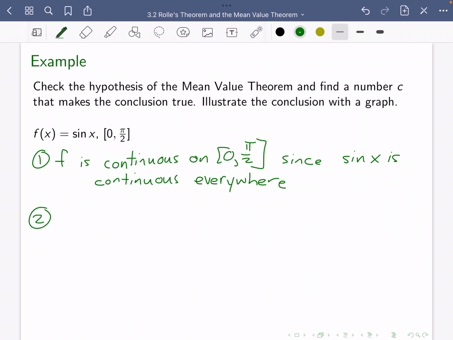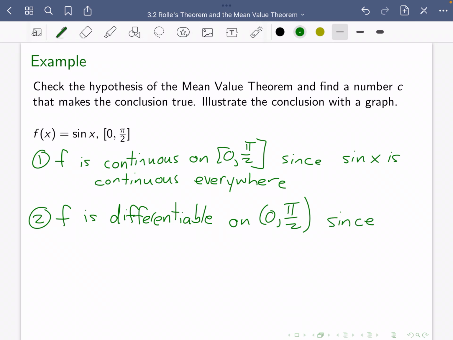And the second thing we need to observe is that it's differentiable. So it's differentiable on 0 to pi/2 since f prime of x equals cosine x exists for all x in the interval from 0 to pi/2.